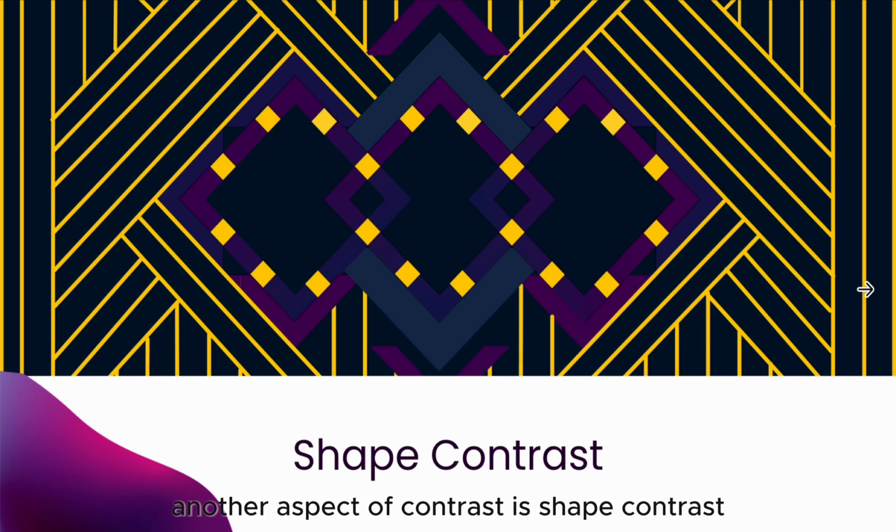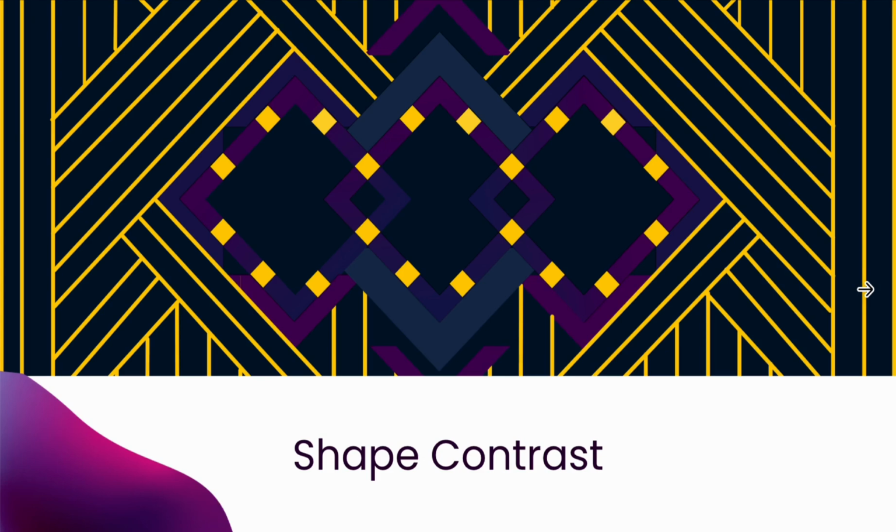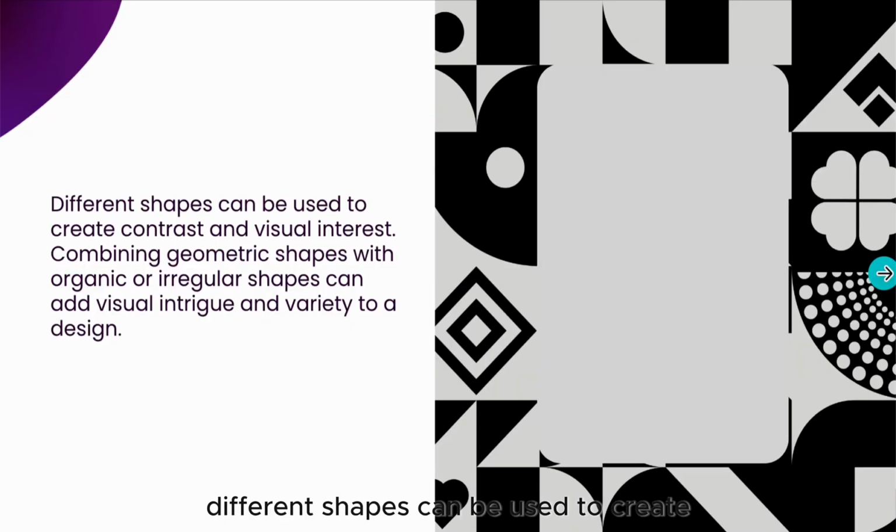Another aspect of contrast is shape contrast. Different shapes can be used to create contrast and visual interest. Combining geometrical shapes with organic or irregular shapes can add visual intrigue and variety to your design. Creating a noticeably different shape at the key area of your design compared to the other elements in your layout is effective.